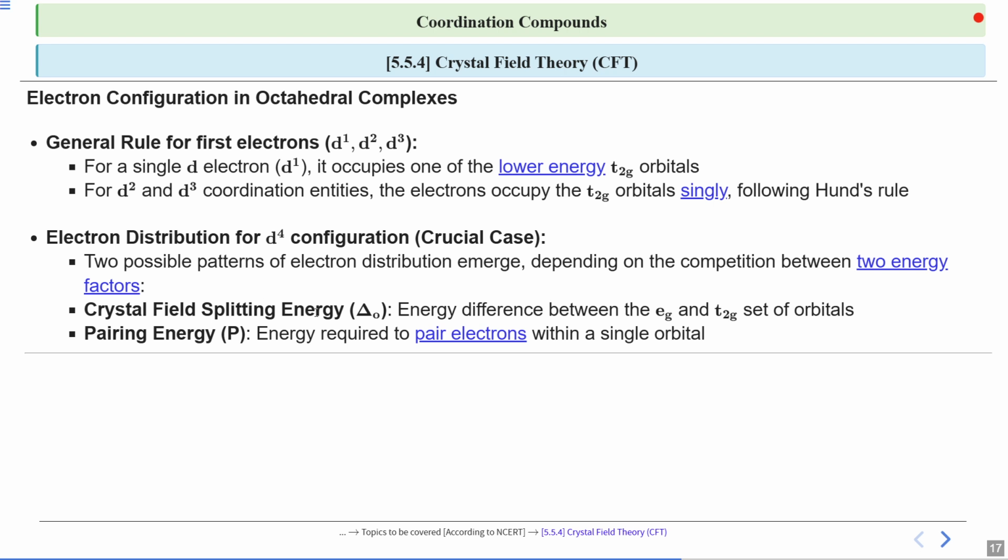So the crystal field splitting energy, delta naught, and the pairing energy P are the two energy factors which determine how the fourth electron in the d4 configuration is distributed among the lower and higher energy orbitals.